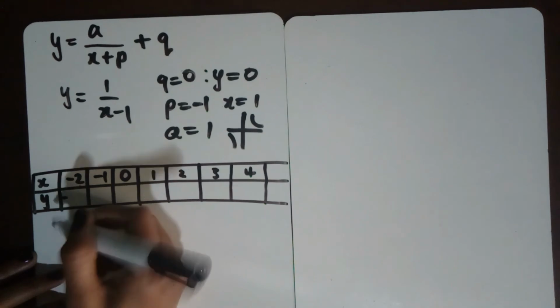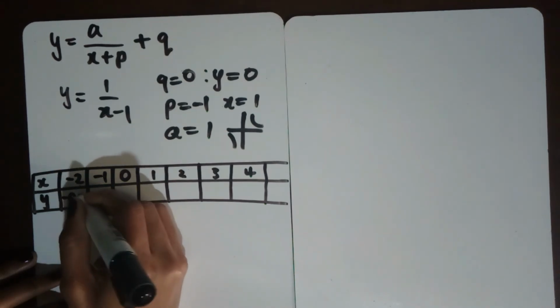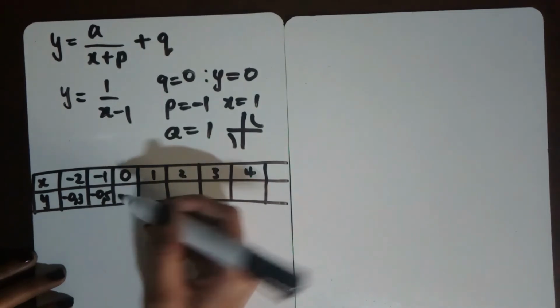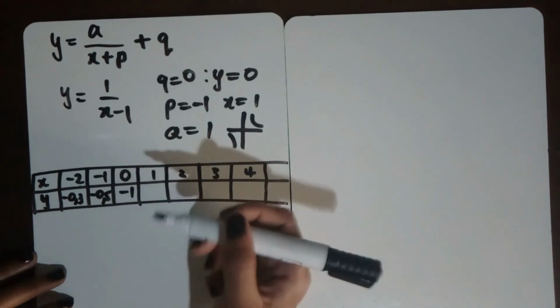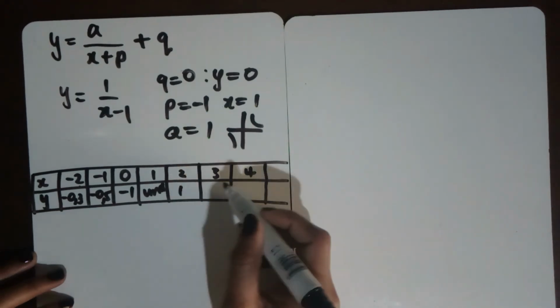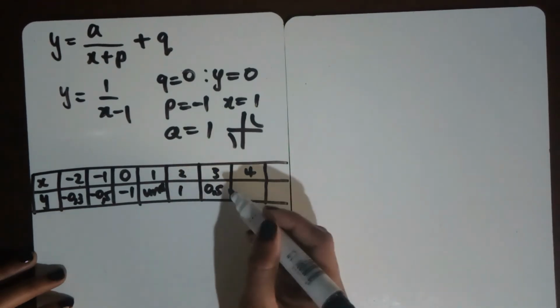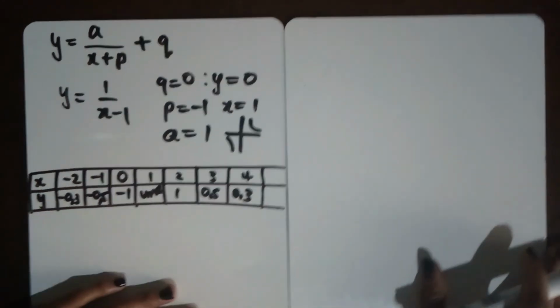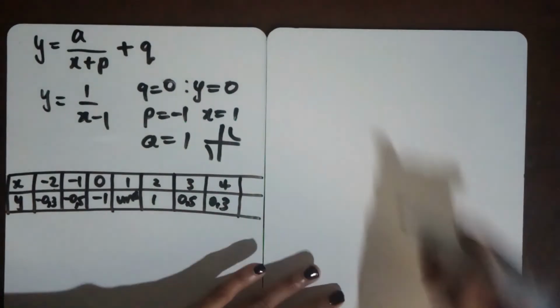If you put it in your calculator, you're going to get a value of -0.3. And then for -1, you get -0.5. For 0, you get -1. Here you get undefined. Then if x is 2, you get 1, 0.5 if x is 3, and then 0.3 if x is 4. So let us quickly try to plot this function.